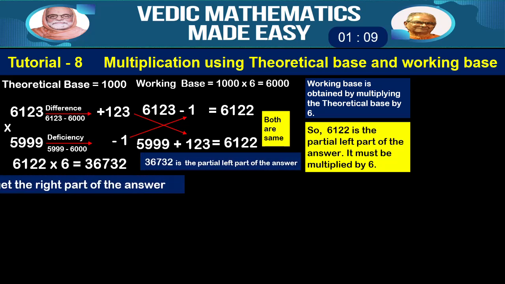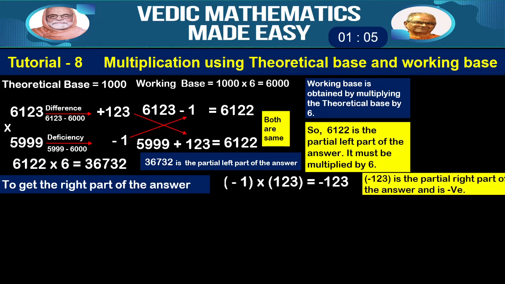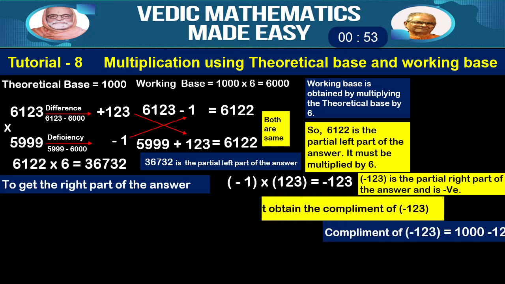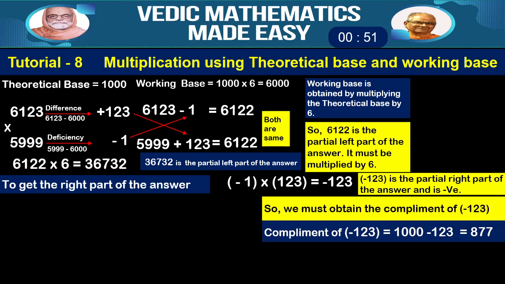To get the right part of the answer, minus 1 into plus 123 is equal to minus 123. It is the partial right part of the answer and is negative. So, complement of minus 123 is equal to 1000 minus 123 is equal to 877.